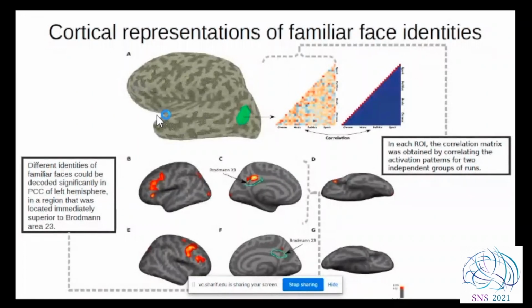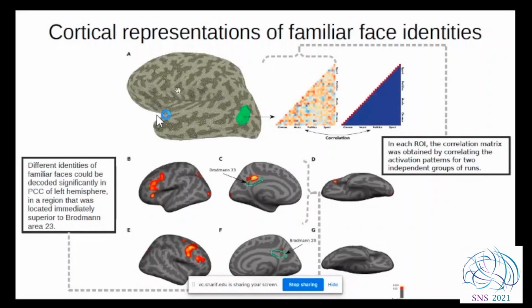Okay, in the next stage, we are going to look at cortical representations for familiar face identities. So this would be another level of familiar face processing, which is a more specific level of processing. The procedure was very similar to the previous one.